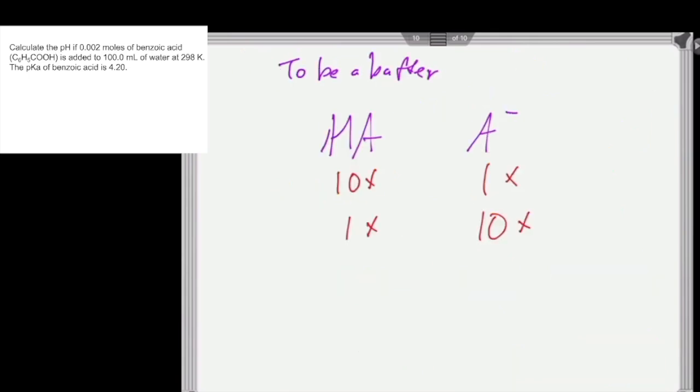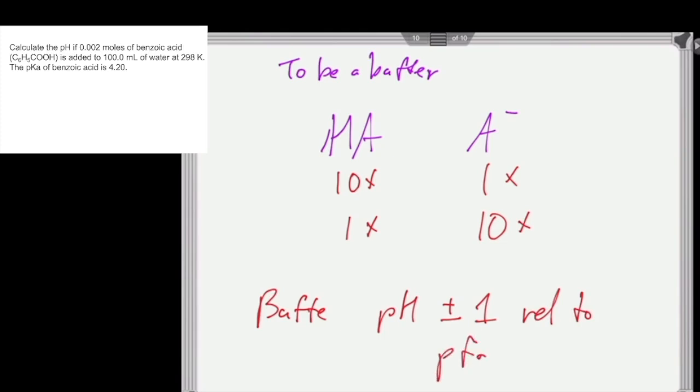We say for a buffer, the pH of the solution is either plus or minus 1 relative to the pKa of the acid. What was the pKa of this acid? The pKa of the acid, 4.2.